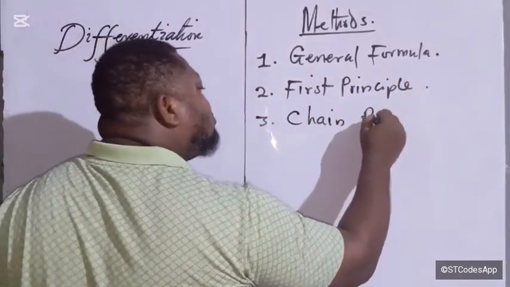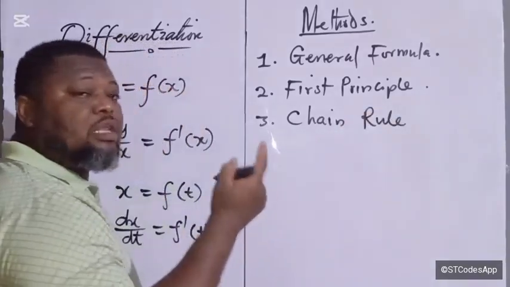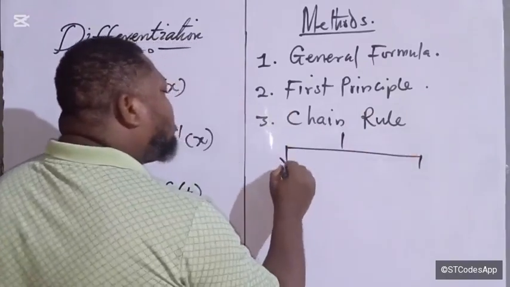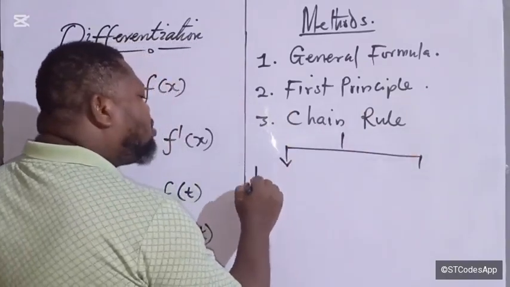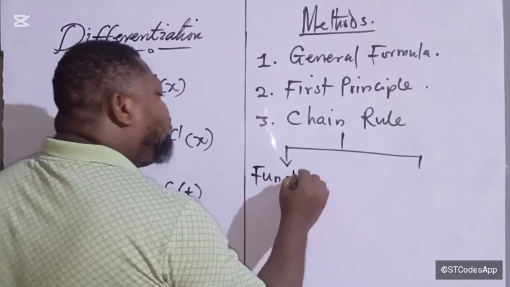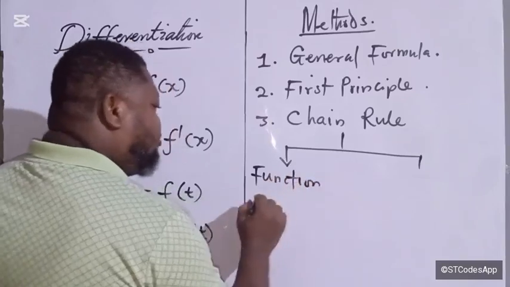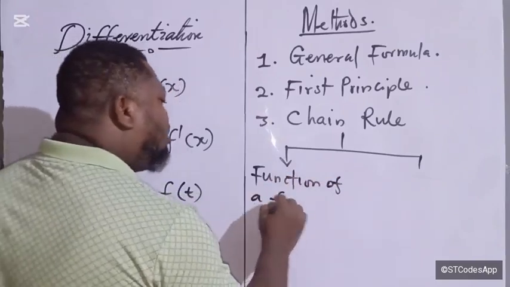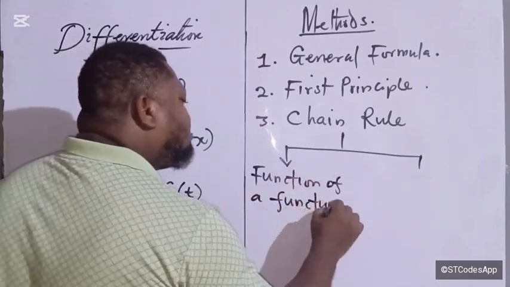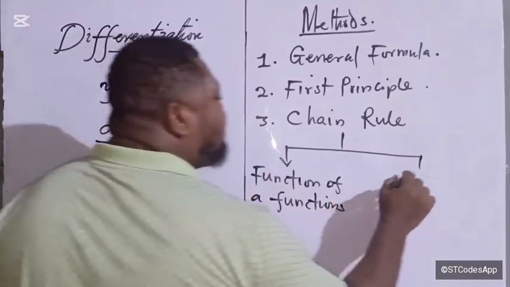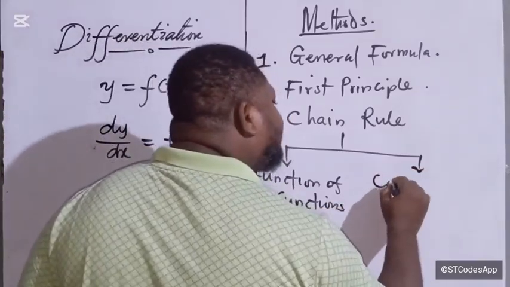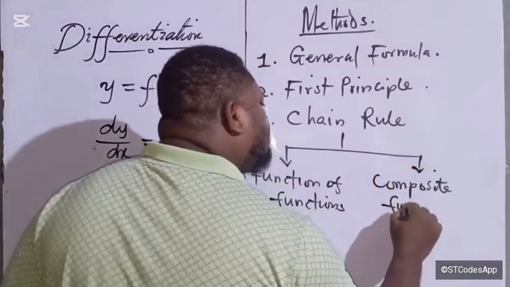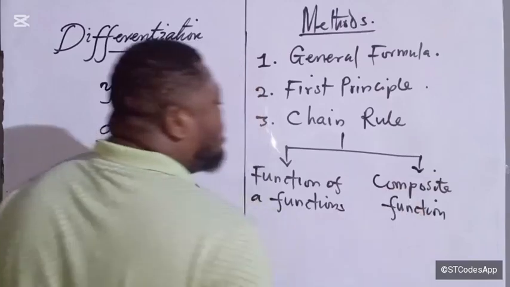The chain rule has two methods under it. The first one is called the function of a function. And also we have the composite function. That's the third one.